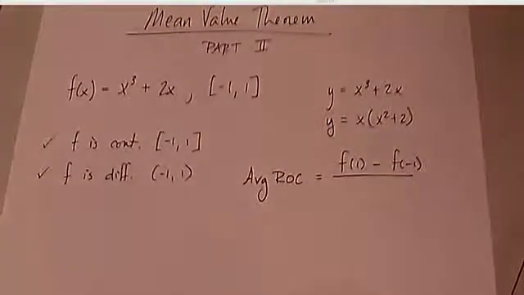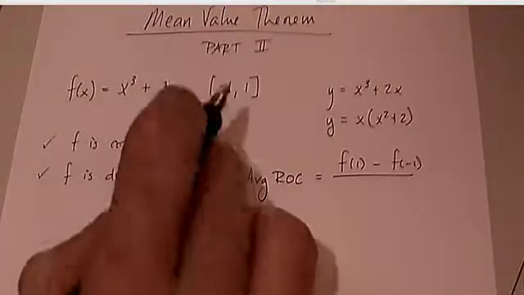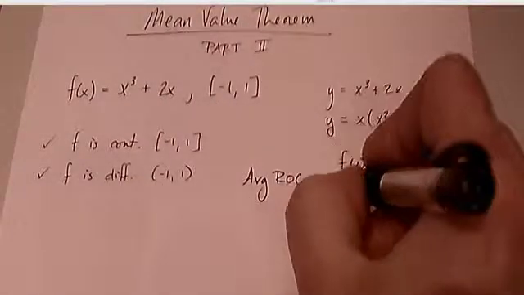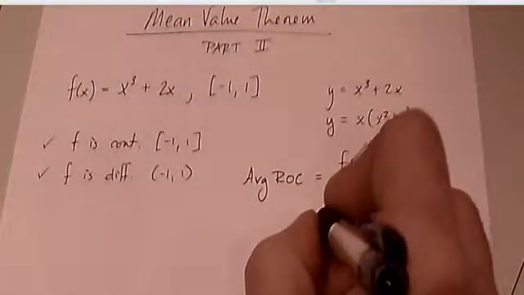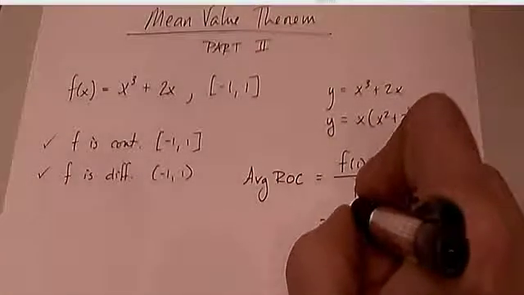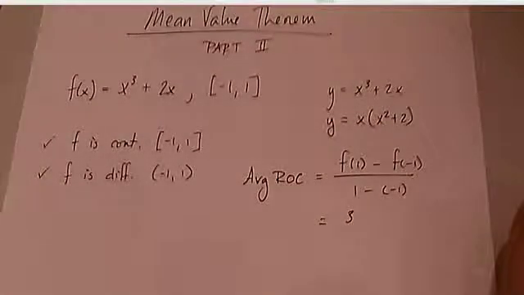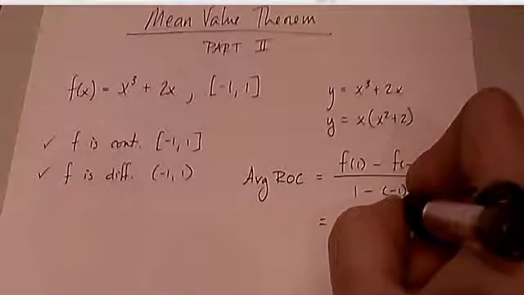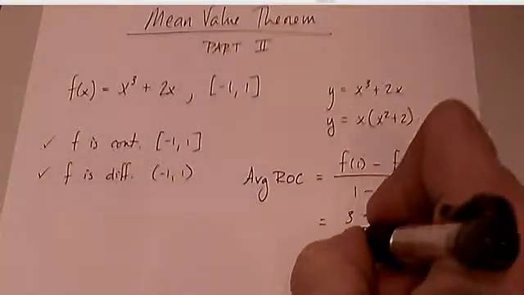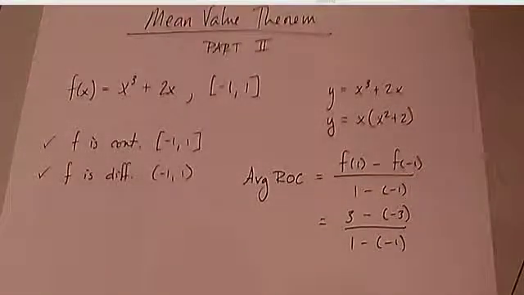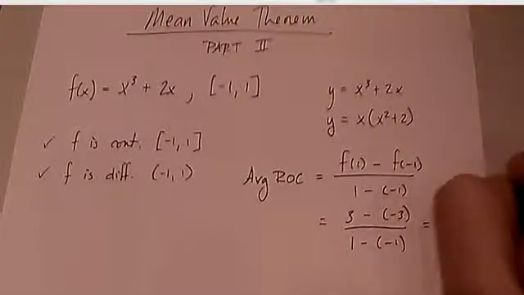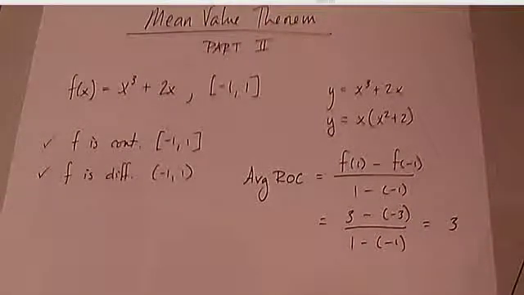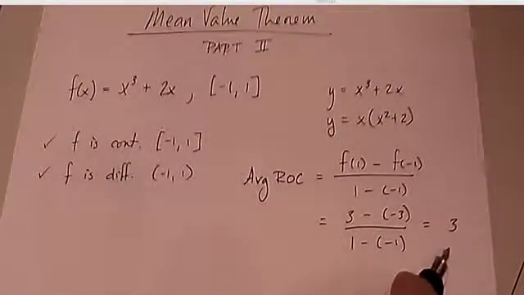We have f of 1 minus f of -1, that is, f of b minus f of a over b minus a. f of 1 is 3, and f of -1 is -3. So that winds up being 6 over 2, or 3. That's kind of nice. We know that the average rate of change of that function over that interval is 3.